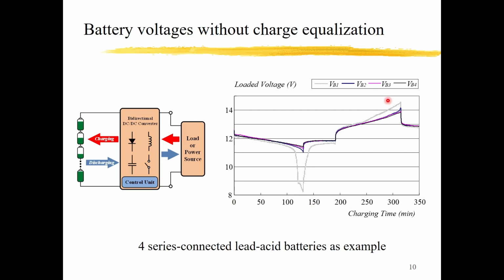For a lead acid battery, it is still safe, although maybe the battery will be damaged. But that's fine, there is no immediate danger here. For a lithium-ion battery, this is not allowed. So for lithium-ion batteries, we have to prevent this kind of overcharge and over discharge. But anyway, the imbalance of the cells happens.